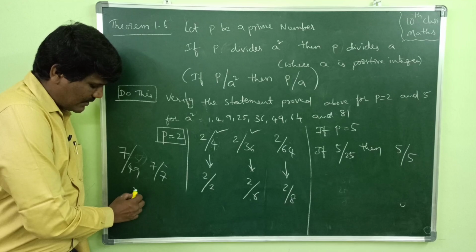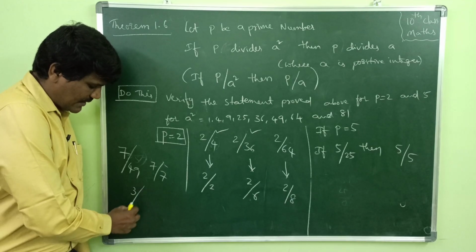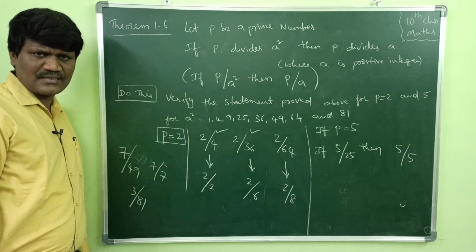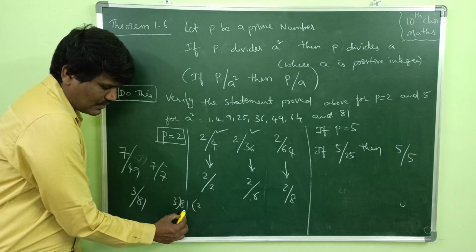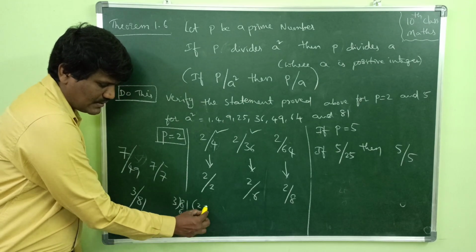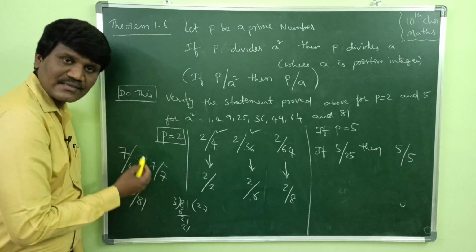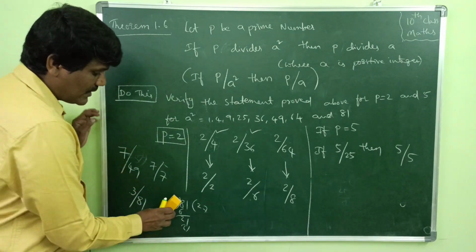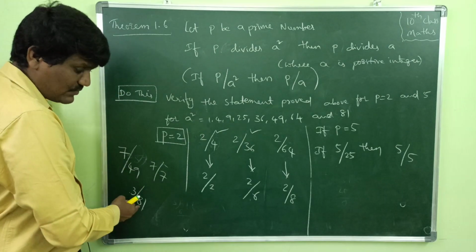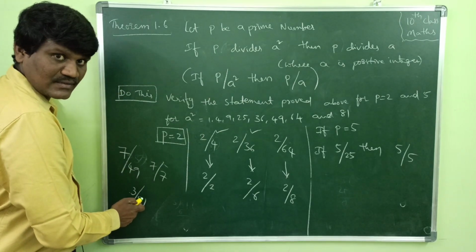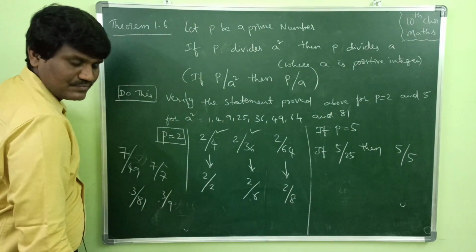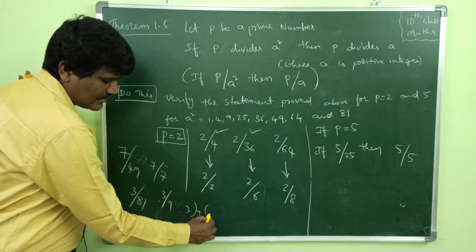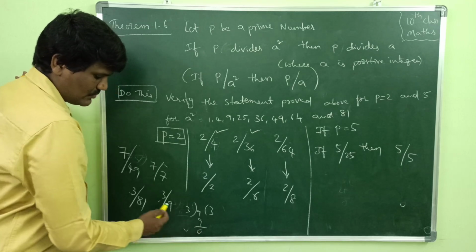Suppose I take 81. 3 divides 81, right? It is divided: 3 twos are 6, 3 sevens are 21. Yes, 3 divides 81. 81 we can write as 9 square, so 3 should also divide 9. So 3 divides 9, 3 threes are 9, remainder 0. Yes.